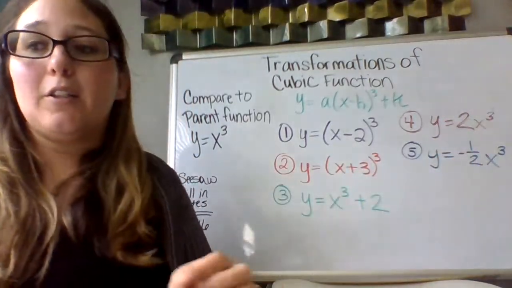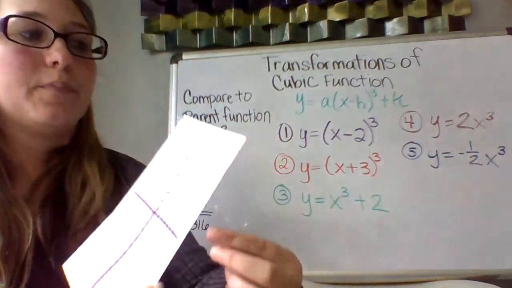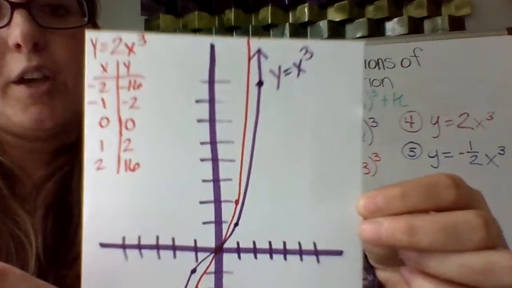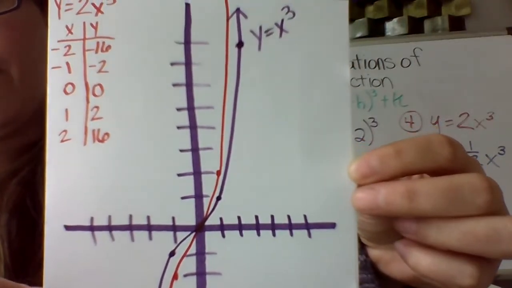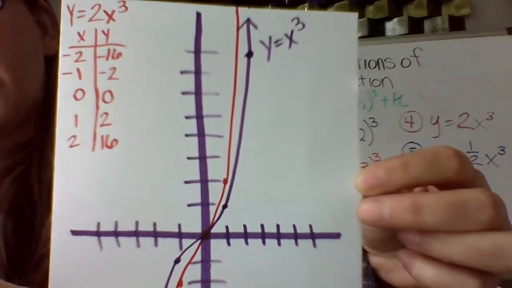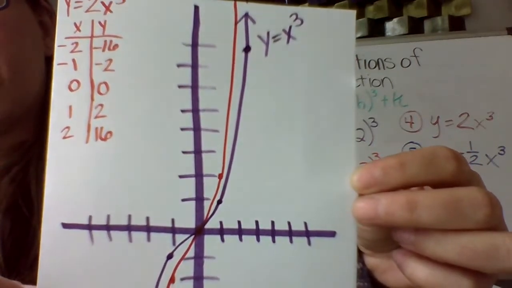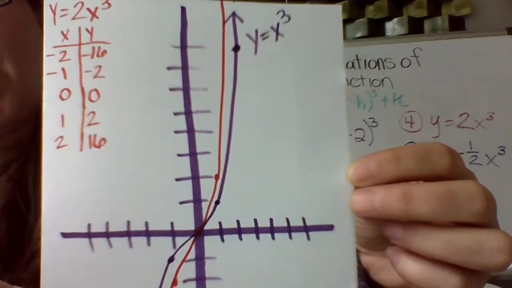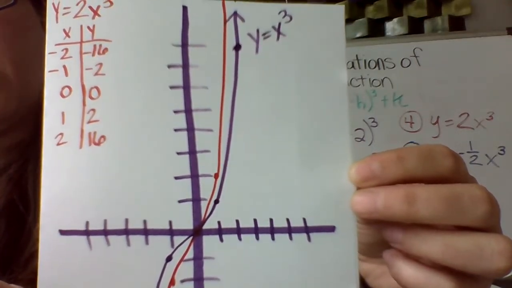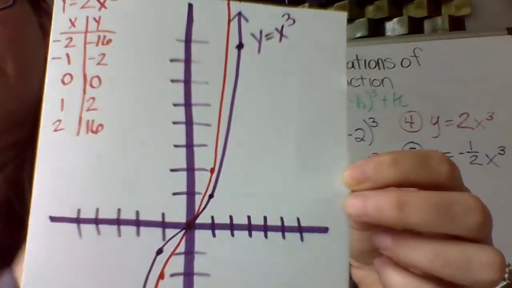Okay, so let's look at that one real quick. Okay, so the x cubed is the purple graph, and the 2x cubed is the red graph. So it gets very steep. We call this a vertical stretch because it's stretching vertically, right?